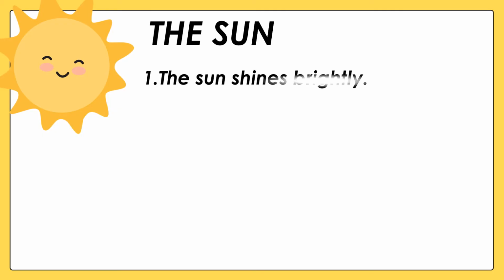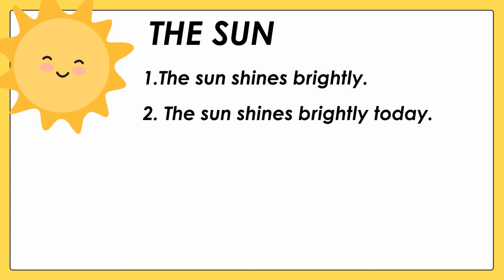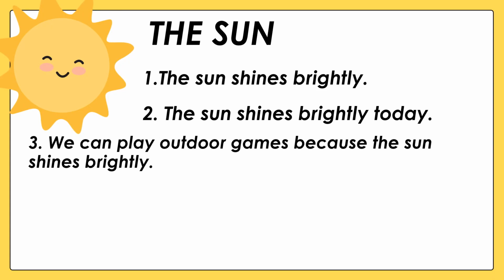Let's have the sun. What can you say about the sun? First, the sun shines brightly. Second, the sun shines brightly today. Third, we can play outdoor games because the sun shines brightly.